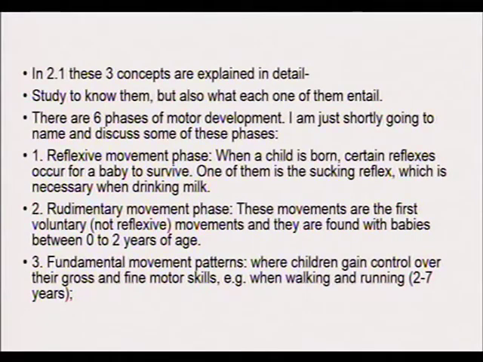These movements are the first voluntary, that's not reflexive movements, and they are found with babies between the age of 0 to 2 years. Then there's the fundamental movement patterns, where children gain control over their gross and fine motor skills. Babies don't have them.